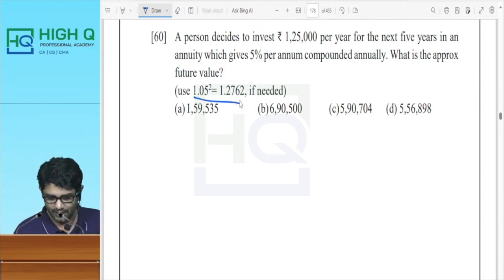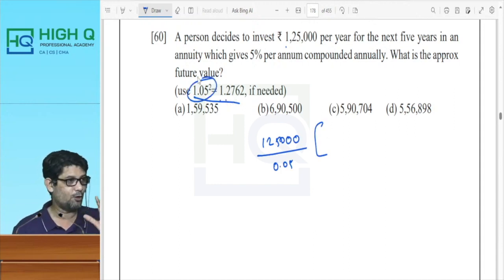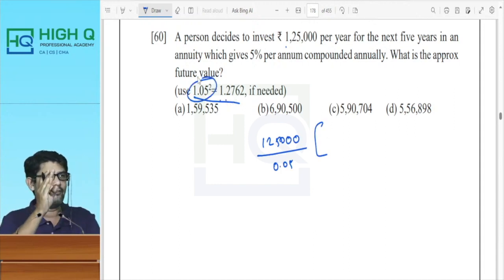Sir, the value is already given. 1 plus I is given. So simply, when you use the calculator, invest 1,25,000 per year. That means for how many years? 2 years only. So what exactly will come? 1,25,000 A by I. What is I? This 1.27, this value is already given. 1 plus I whole power n minus 1.